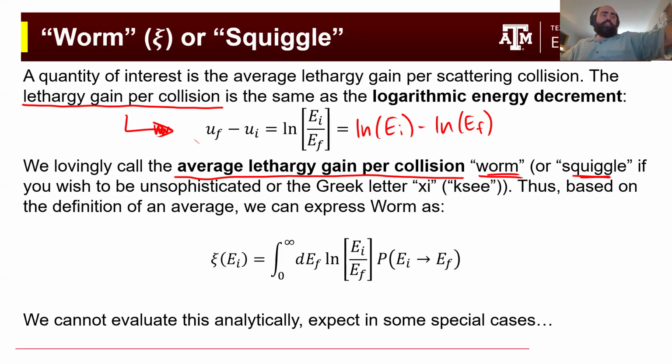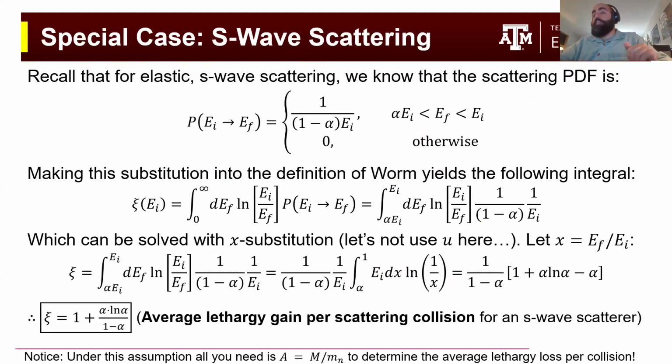This is a quantity that you basically can't evaluate analytically unless you have a very special case where you can come up with a nice expression for this probability density function. The special case that we have is S-wave scattering. If we take that probability density function and sub it into the definition of worm, we get a complicated integral that can be solved.